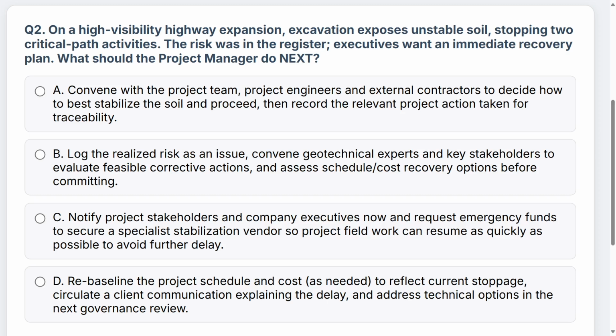Is it C, notify project stakeholders and company executives now and request emergency funds to secure a specialist stabilization vendor so project field work can resume as quickly as possible to avoid further delay? Or is it D, rebaseline the project schedule and cost as needed to reflect current stoppage, circulate a client communication explaining the delay, and address technical options in the next governance review?